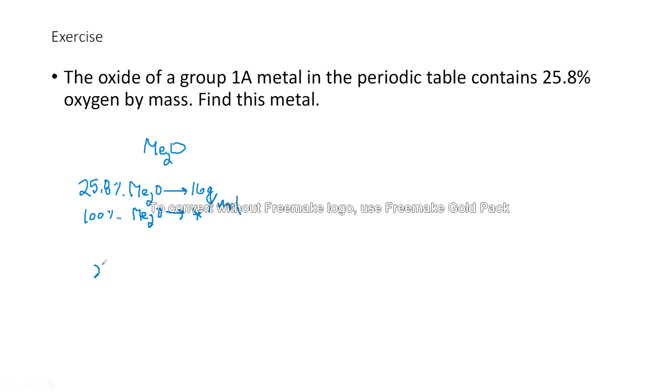Okay, so if we do the cross multiplication, X has to be equal to 25.8% of Me2O, the oxide, and then we have 100% of that Me2O times 16 grams per mole.